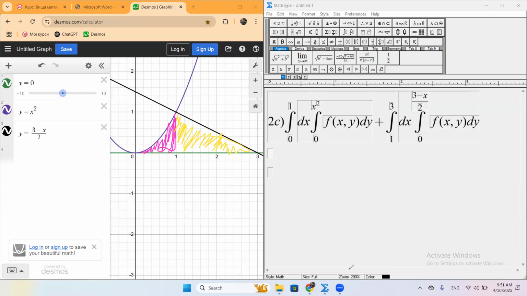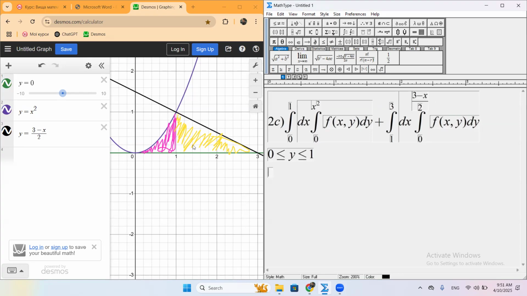And now let's describe this region in another way. Let's stop annotation. Let's describe y first of all. Y reaches values from 0 to 1, so now it will be the outer variable. And what about x?